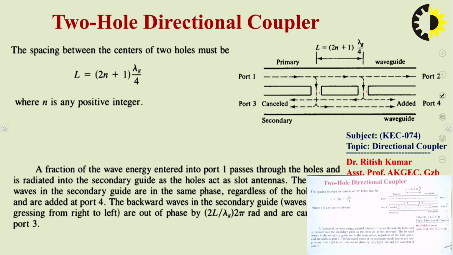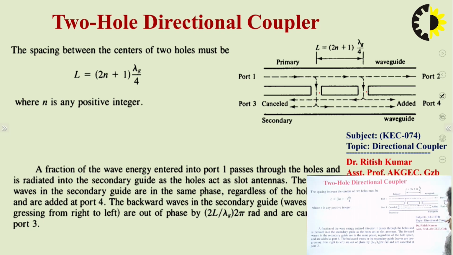This can happen only if the two holes are at a distance of lambda g by 4. Why? Because if you give the power at port number 1, there is a chance to have power from port number 2, 3 and 4 simultaneously.